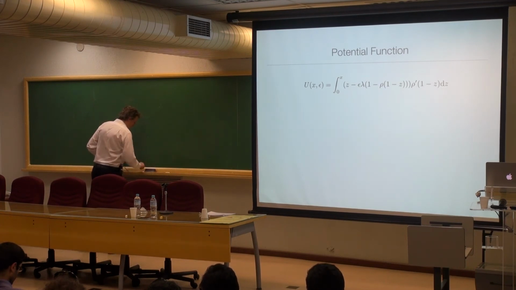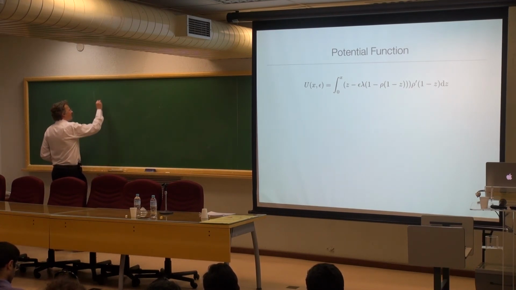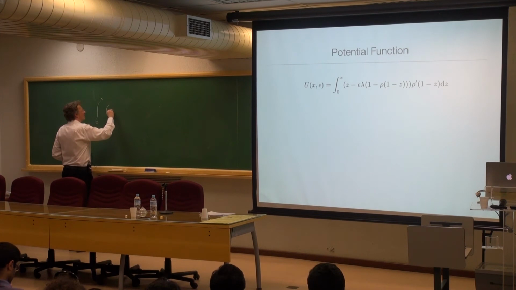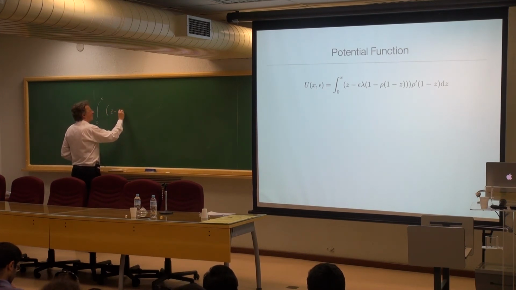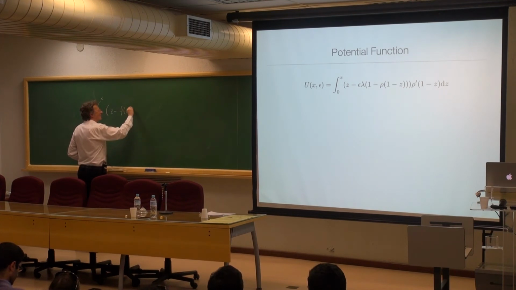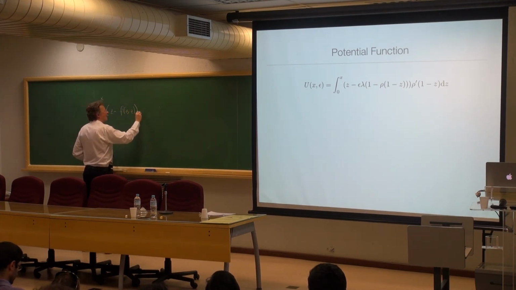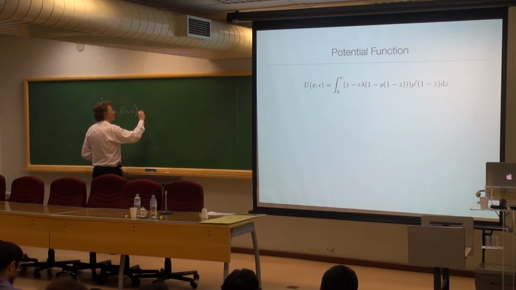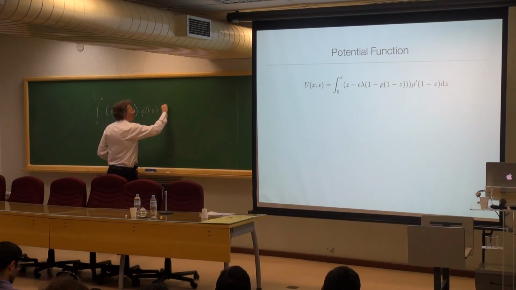So it's the integral from 0 to x. And the first one is z minus, and I had called it f of epsilon and x, so f of z, and then there's still the rho prime. What is the rho prime?